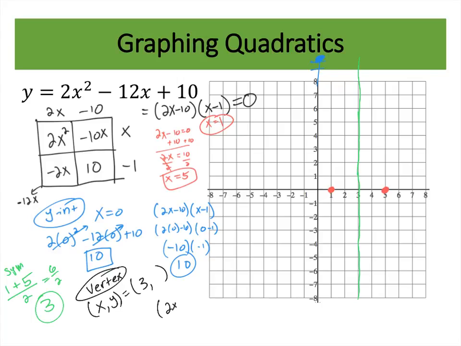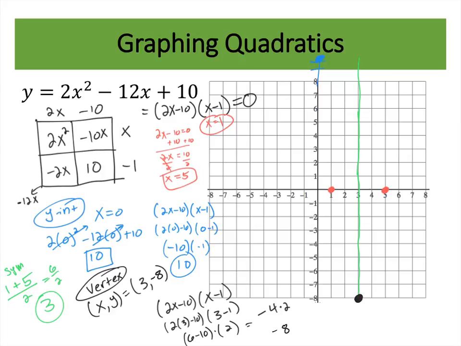So 2x minus 10 times x minus 1. I substitute the line of symmetry in. So 2 times 3 minus 10 times 3 minus 1. 6 minus 10 times 3 minus 1 is 2. So that is negative 4 times 2 is negative 8. So the y value of my vertex is negative 8.